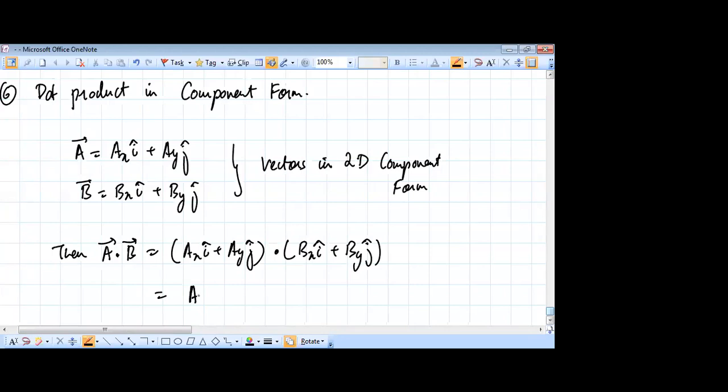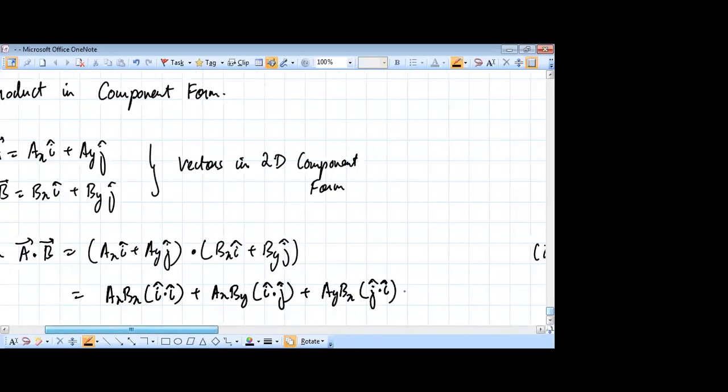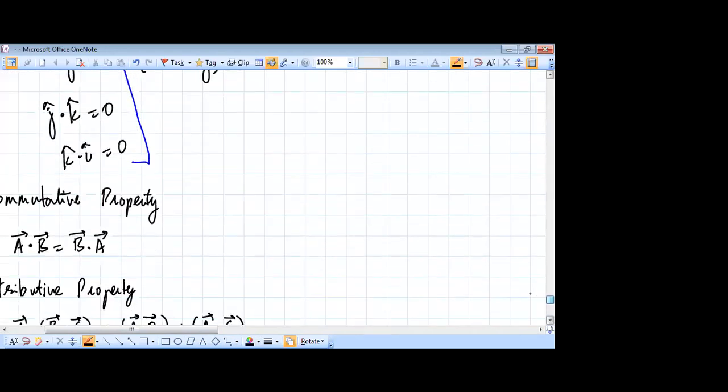So this will become Ax into Bx i cap dot i cap plus Ax into By i cap dot j cap plus Ay into Bx j cap dot i cap, and fourth and final term Ay into By, but j cap dot j cap. Okay. Now we will go back to what we learned about unit vectors earlier. Those formulae.